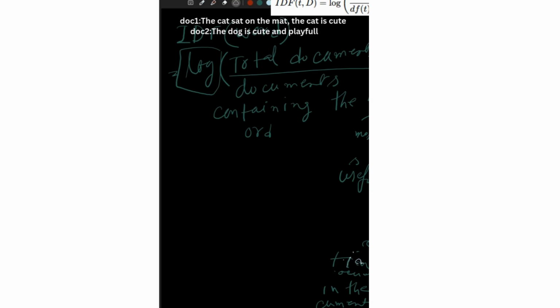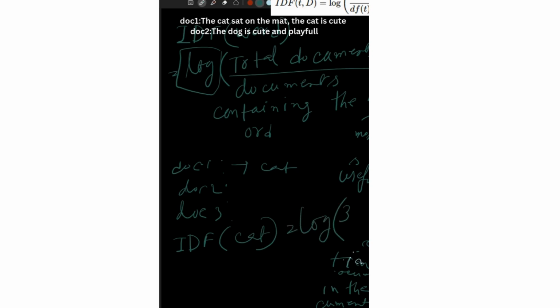Now, for calculating this, if we have 3 documents and only one contains cat, then the IDF of cat is like this: we have 3 documents, doc 1, doc 2, doc 3, and only one contains cat, right? Then our IDF value would be IDF of cat equals log 3 divided by 1.